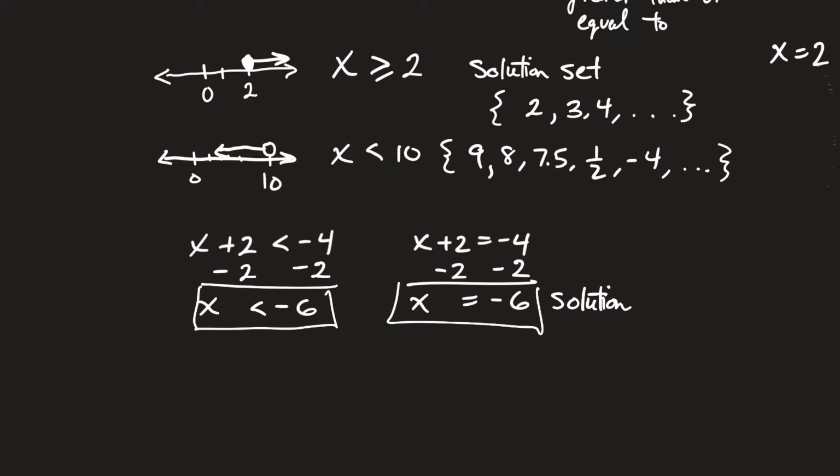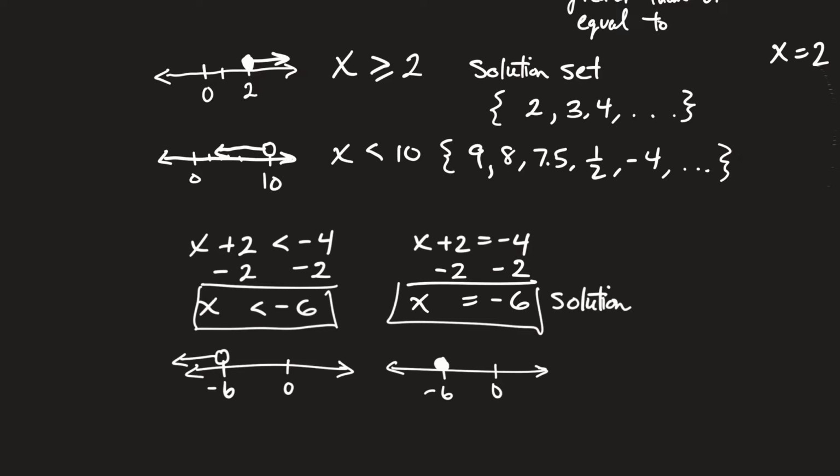But now if I'm going to graph this, I would have 0 here, and negative 6 is somewhere to the left of that, and it's going to be an open dot because I'm not including negative 6, but the numbers less than negative 6 go to the left, right there. Now, if I were to graph the equation, by the way, I would have the same 0 and the same negative 6, but it's equal to negative 6, so I would just put a dot on there. And there you go. That's how these work.